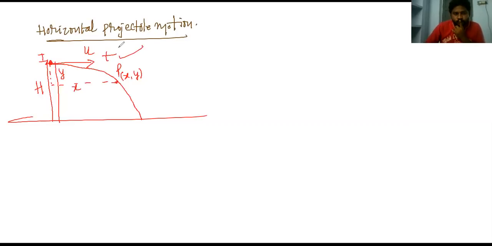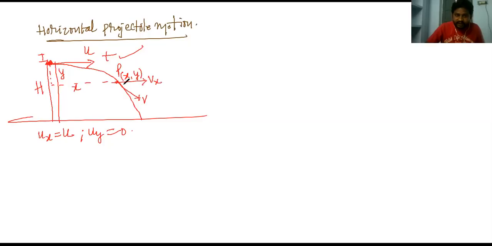Listen. Here, initially, horizontal velocity u x is equal to u, and vertical velocity initially is 0. Understand? After some time there will be vertical velocity, because at this instant, if this is the velocity v, it will have two components here.